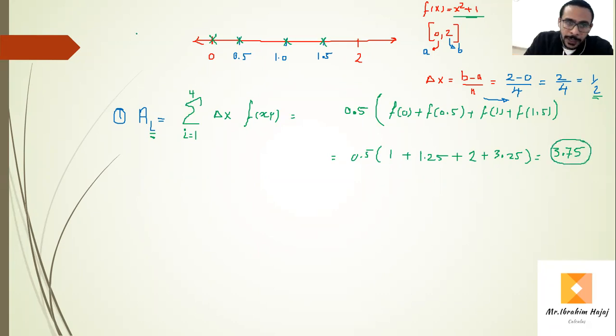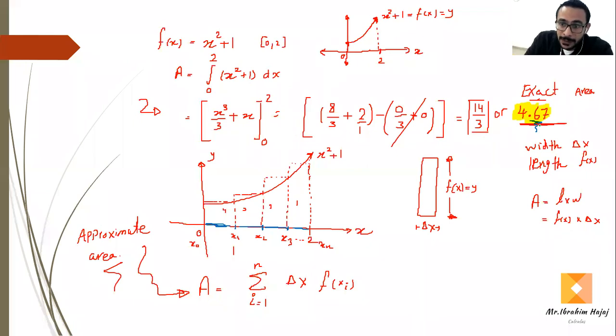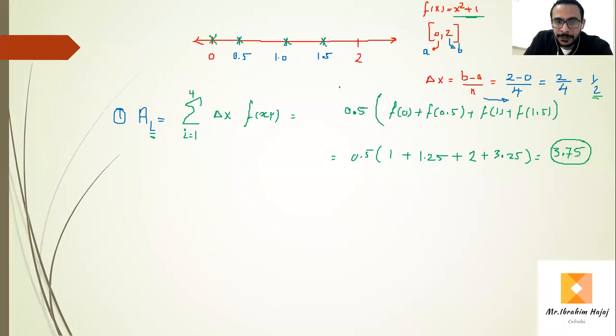So I will write here the exact area from the previous slide, which we got using the definite integral: 4.67. Here is my first approximation, 3.75, and the exact one is 4.67. This is the exact answer, the exact area. So let's compare the two areas together, guys. What do you notice here?